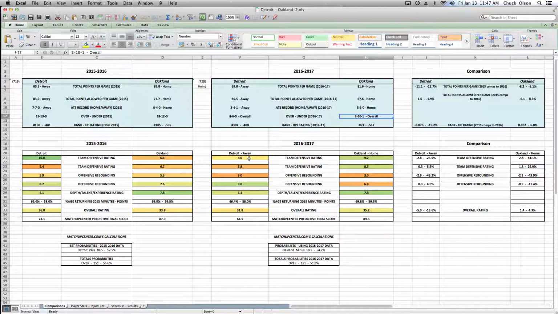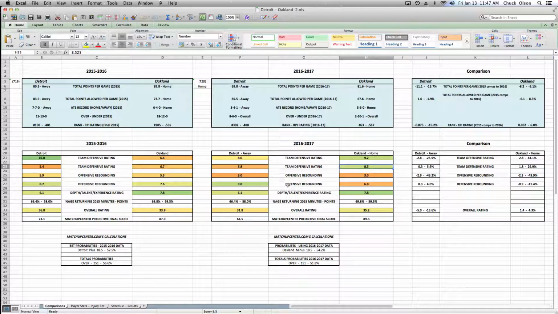So Detroit is 9.2, so they've got the lead here, and on defense they've also got the lead. But here's something important: 5.8, and you notice it's kind of an amber color. Very, very poor rating in defense, which means these guys should get the score at will against them. Defensively, they should be able to shut them down, and therefore we can start seeing that 18.5 points be justified.